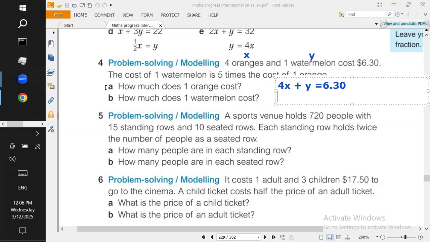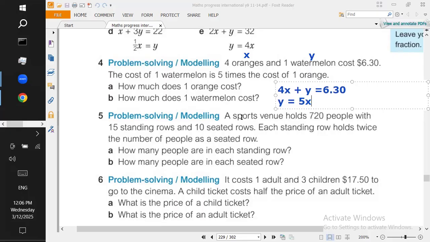Second equation, the cost of one watermelon, which is Y, so you say Y equals 5 times the cost of one orange, it means equals 5x. And this is how you write these simultaneous equations. You can solve them using the same method that we did in question 3. But here I'm just explaining how to write the equations again, okay? This is the equation for question 4.